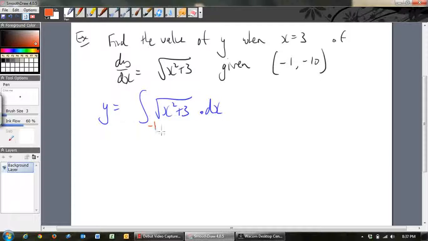So -1 down here. What's the y value that we're given? -10. And we don't want x up here, because we don't want a function of x as your answer. We want to know the value of y when x is equal to 3, so we put 3 up there, and that will give you your answer. Into your calculator, bang, you get an answer, 7, whatever. It won't be 7, but that's just an example.